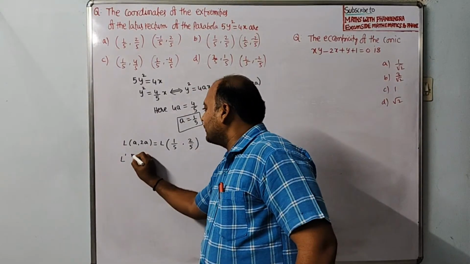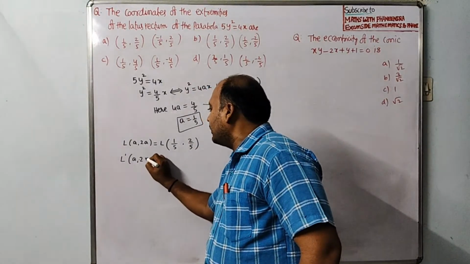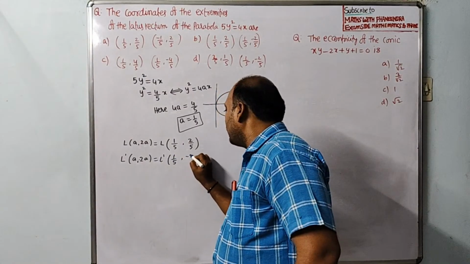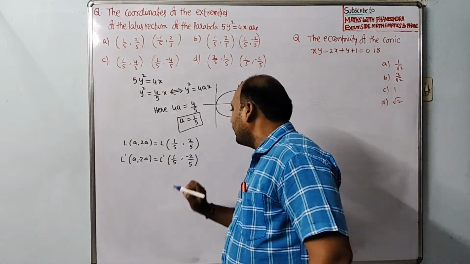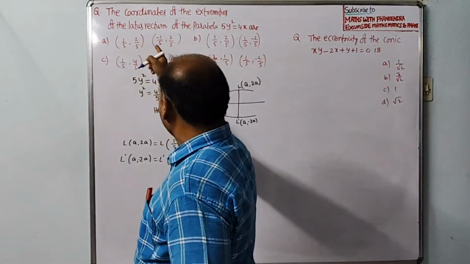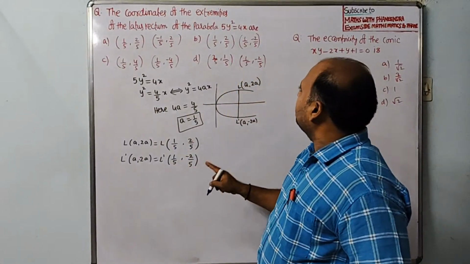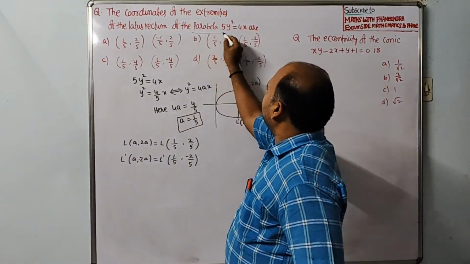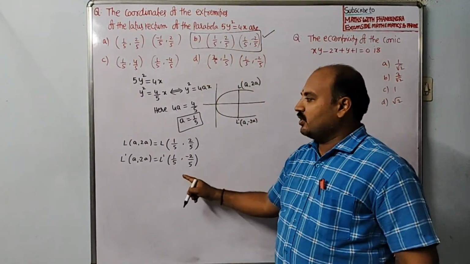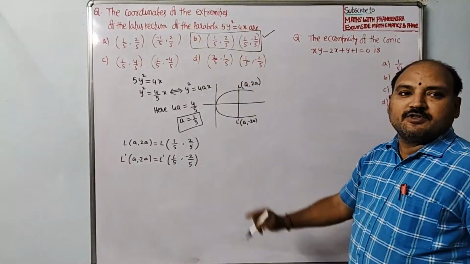Next L dash, a comma minus 2a, so L dash is 1 by 5 comma minus 2 by 5. Okay dear students, I hope you understand. 1 by 5 comma 2 by 5, next 1 by 5 comma minus 2 by 5. It is there in the second option. This is about the first question.